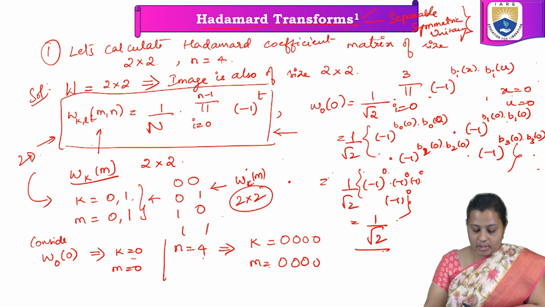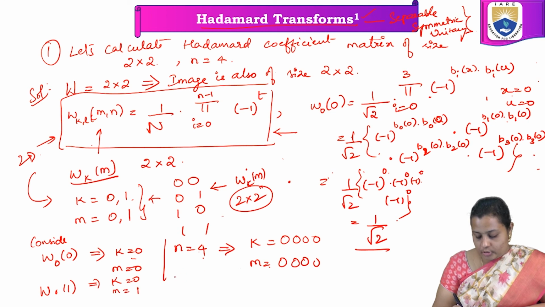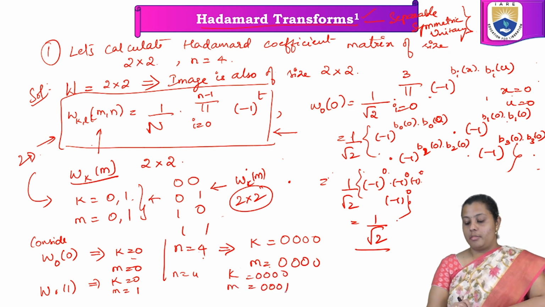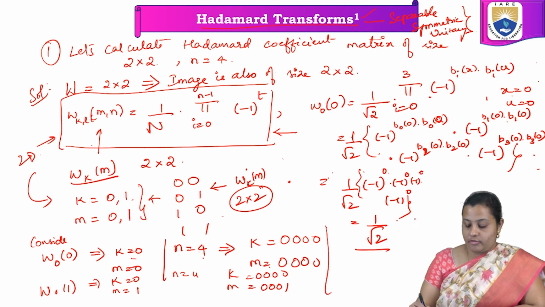Now similarly, if I want to calculate W0 of 1, I get k equal to 0, m equal to 1. So for n equal to 4, k can be written as 0, 0, 0, 0, and m is given as 0, 0, 0, 1. So my Hadamard equation I can calculate here, which is very similar, and so on and so forth.